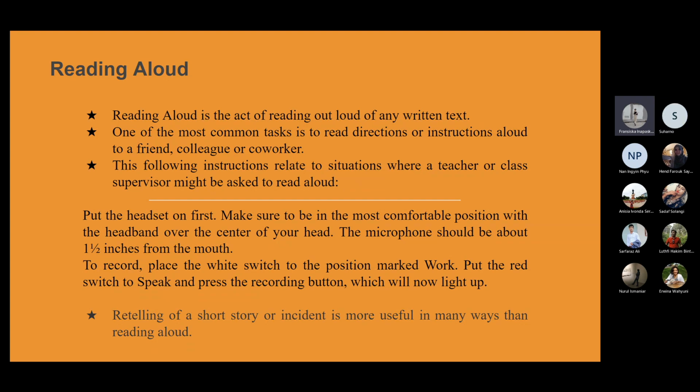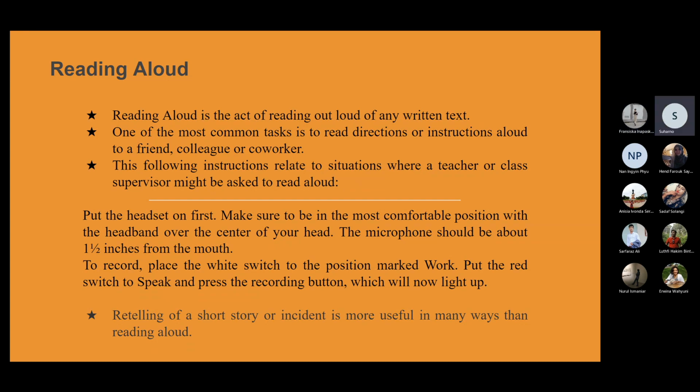Actually, a retelling of a short story or incident is more useful in many ways than reading aloud. In this type of test, the students are required to retell a story they have just read.